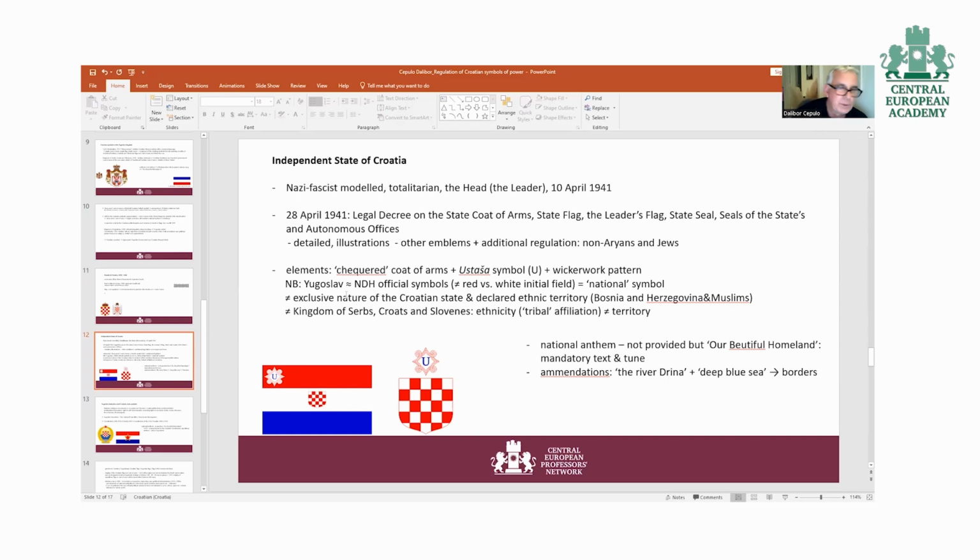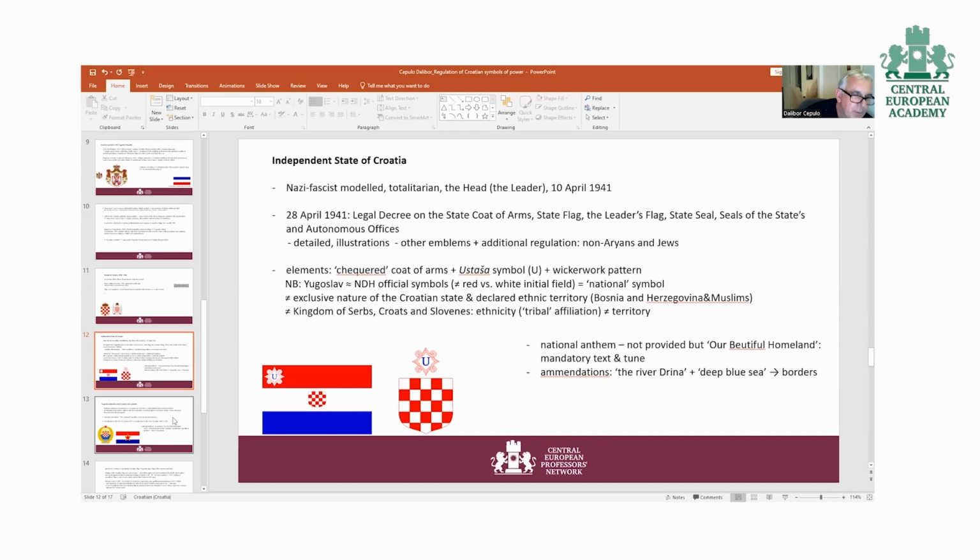So what was interesting is that the Kingdom of Serbs, Croats, and Slovenes, the Banat of Croatia, and the Independent State of Croatia were all based, in their essential substance, on the checkered Croatian coat of arms and undisputedly the Croatian tricolor flag.